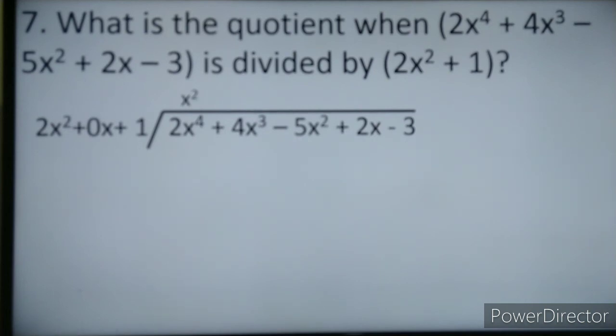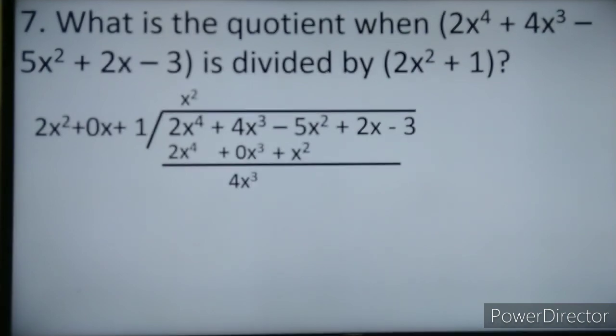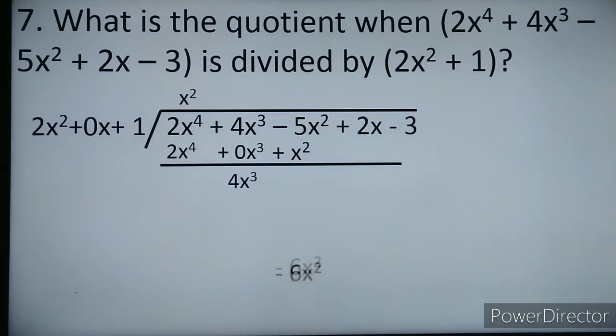Then multiply x squared times 2x squared, the answer is 2x raised to 4. X squared times 0x, the answer is 0x cubed. X squared times 1, the answer is x squared. Then subtract. So we have now 4x cubed minus 6x squared. Then bring down positive 2x.